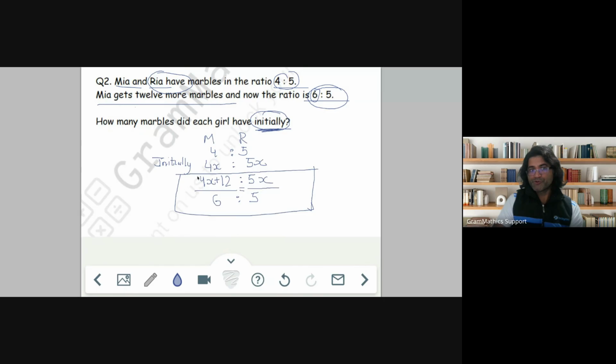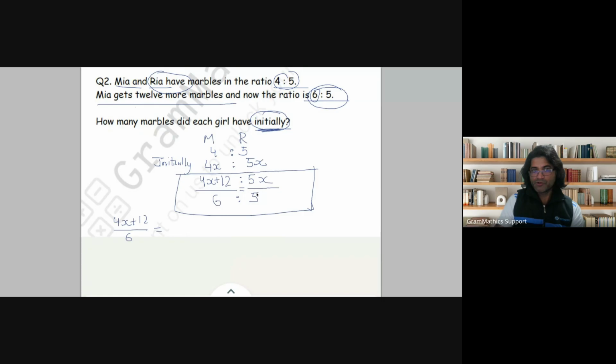So (4x plus 12) divided by 6 will be equal to 5x divided by 5. Remember this. And then you can solve it here. (4x plus 12) divided by 6 is equal to, I can cancel 5 and 5, isn't it? In a fraction is equal to x.